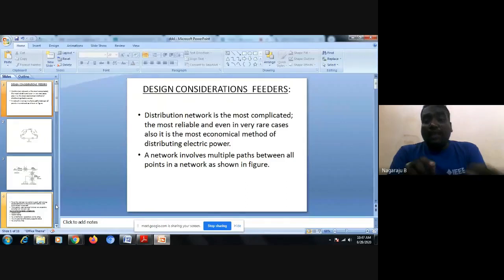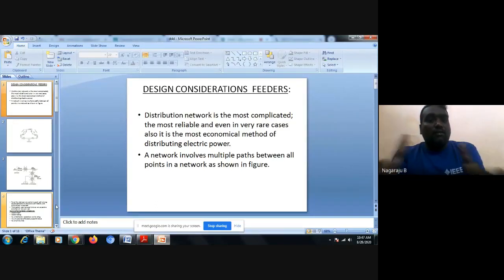The main design considerations of the feeder will decide the substation. A feeder is one level of the substation. In between the substation and the distributor, you have a feeder conductor.